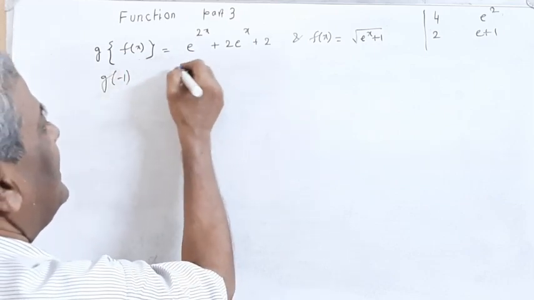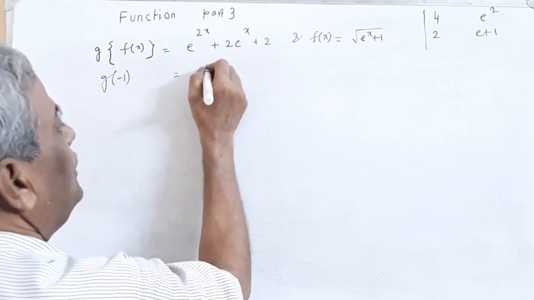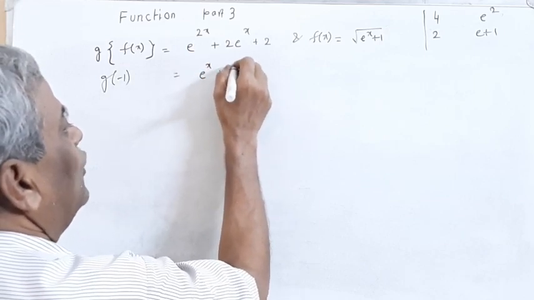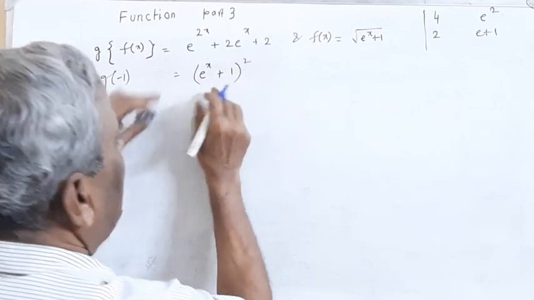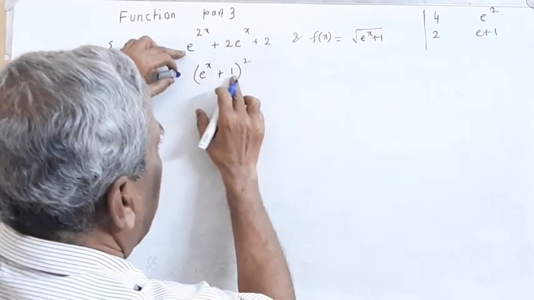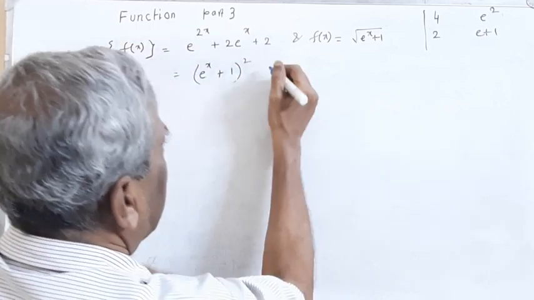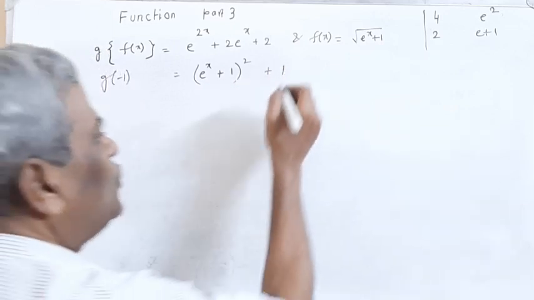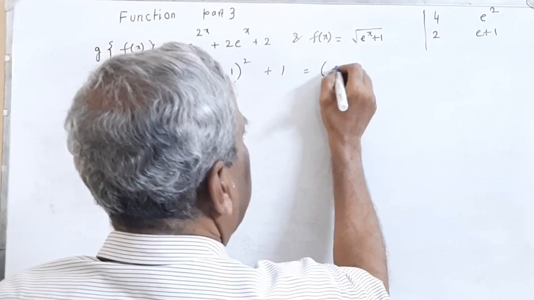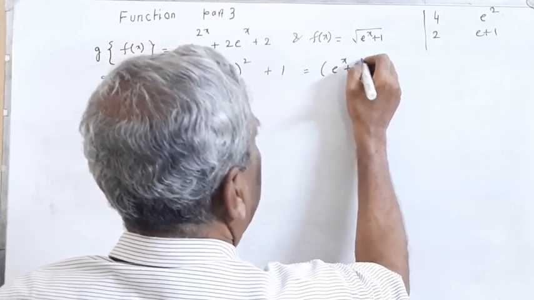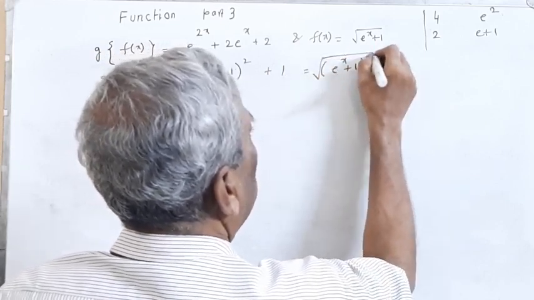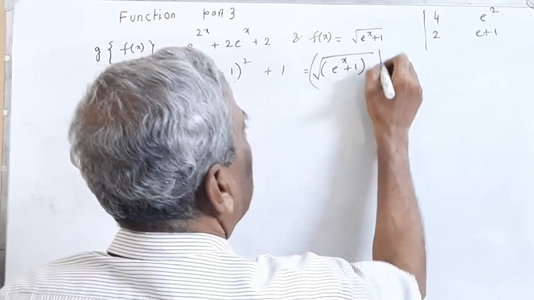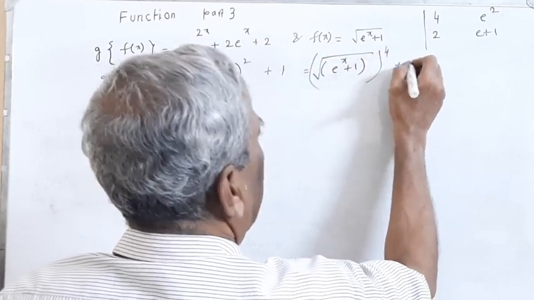Now this can be written as (e to the power x plus 1) whole square, that is e to the power 2x plus 1 plus 2 e to the power x. So for adjustment, this is 1. So that it is equal to (root of e to the power x plus 1) whole to the power 4 plus 1.